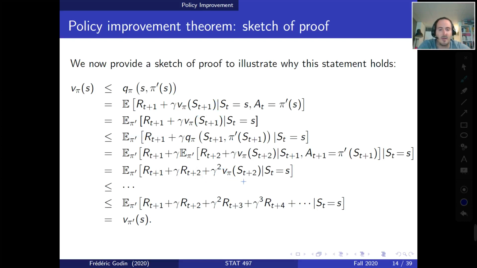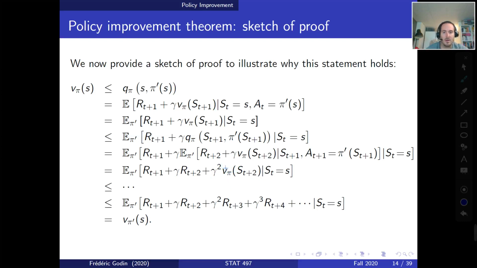If we do the previous steps again and again, we could get something according to the following. It would become the expectation under policy pi of the next reward plus gamma times the reward in 2 steps, plus gamma squared times the reward in 3 steps, etc., until infinity. And here, what we assume is that this term will converge to 0.